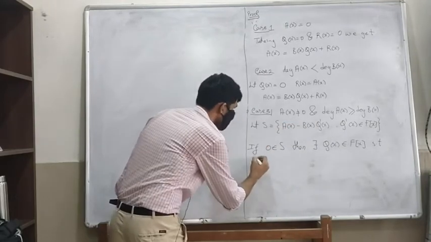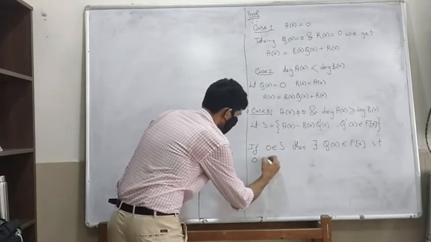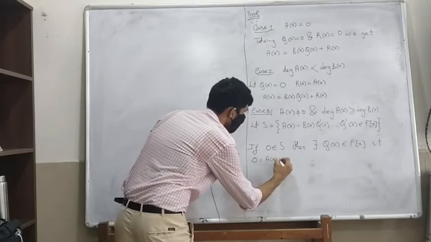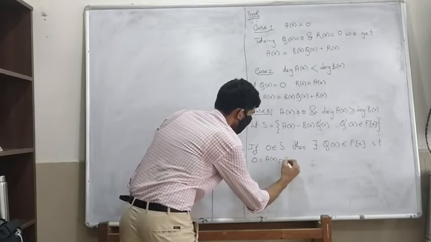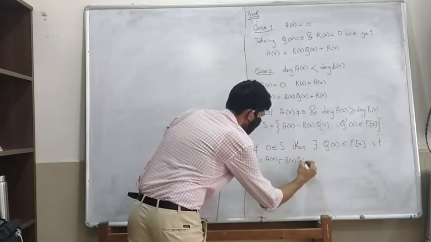So there is some q of x such that 0 is equal to A of x minus B of x times q of x.